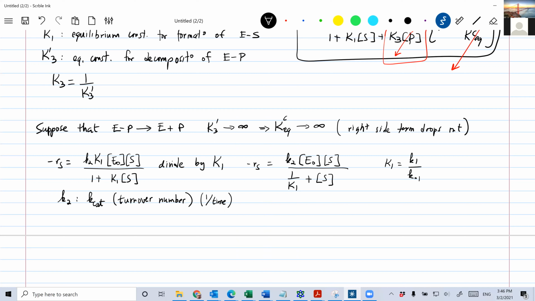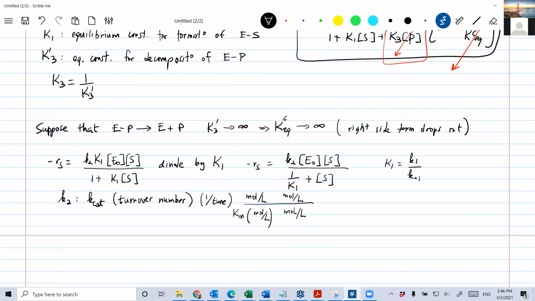So you can see from the numerator, if you look at the units, K2 is inverse time, enzyme concentration is in mole per liter, and substrate concentration is in mole per liter. Substrate concentration in the denominator is also in mole per liter. So that means Km has to be in mole per liter, so that the rate is in mole per liter per time.